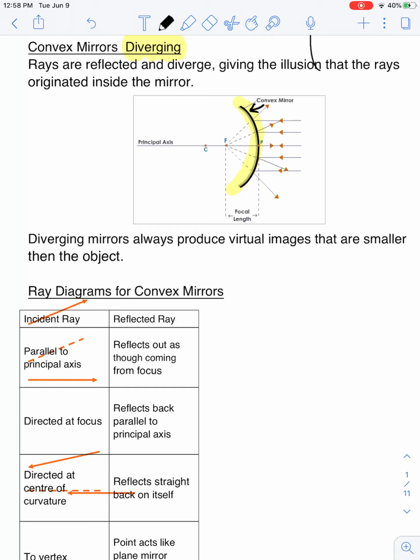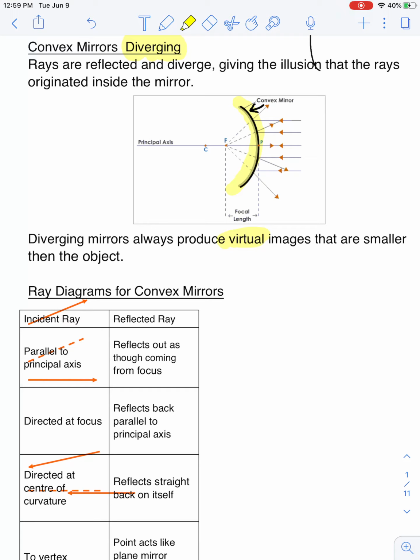And so these mirrors will always produce a virtual image, similar to when we did the plane mirrors, the flat mirrors. So it gives the illusion that the rays originate inside the mirror.